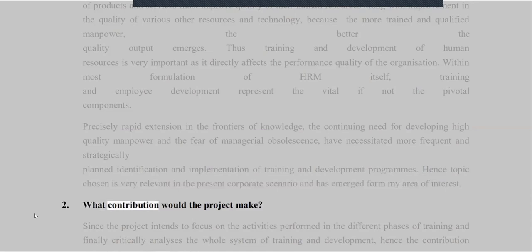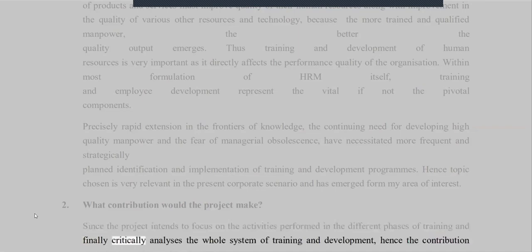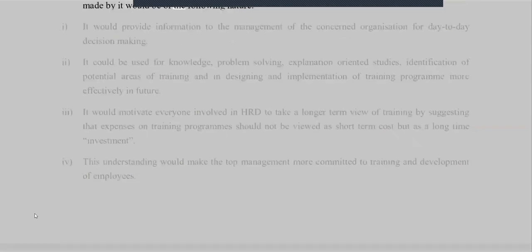2. What contribution would the project make? Since the project intends to focus on the activities performed in the different phases of training and finally critically analyze the whole system of training and development, the contribution made by it would be of the following nature. 1.